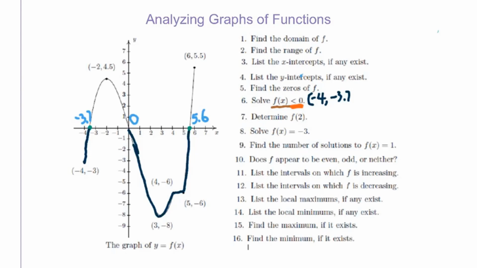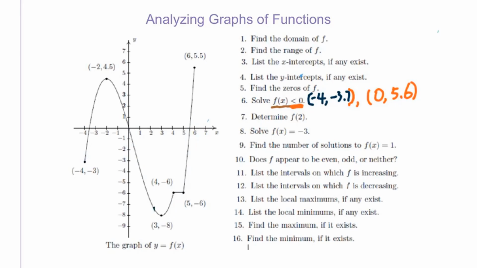Therefore, negative 3.7 is not a solution, so it's an open parenthesis. For the second part, the domain will be between 0 and 5.6. It's still an open interval. That's the solution to this inequality.